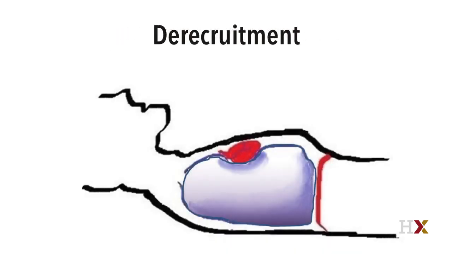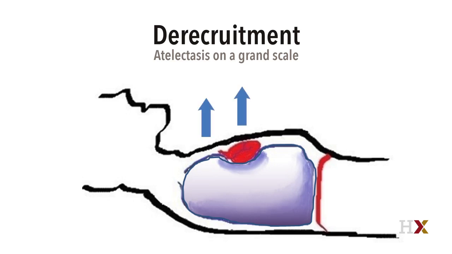Another major concept in the pathophysiology of hypoxemia is derecruitment. When we say derecruitment, what we're talking about is atelectasis on a grand scale. We have patients who come in, they have negative inspiratory force. They're participating in negative pressure ventilation, which is a very efficient way of ventilating.